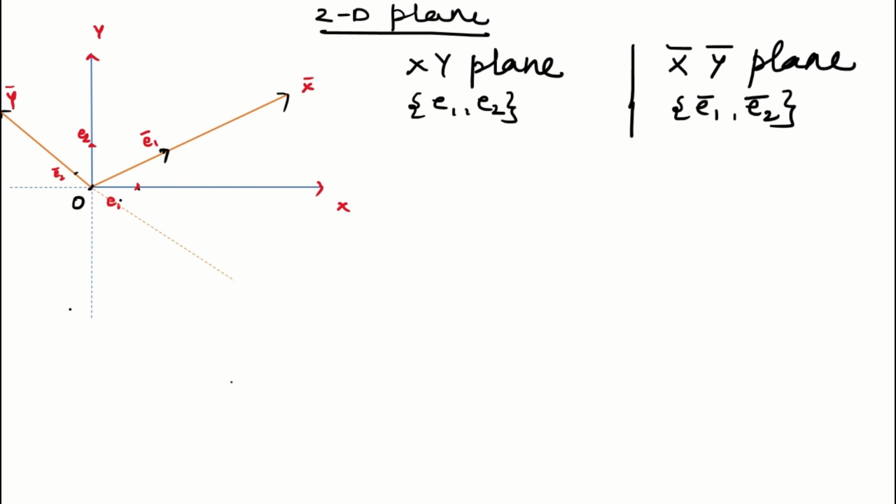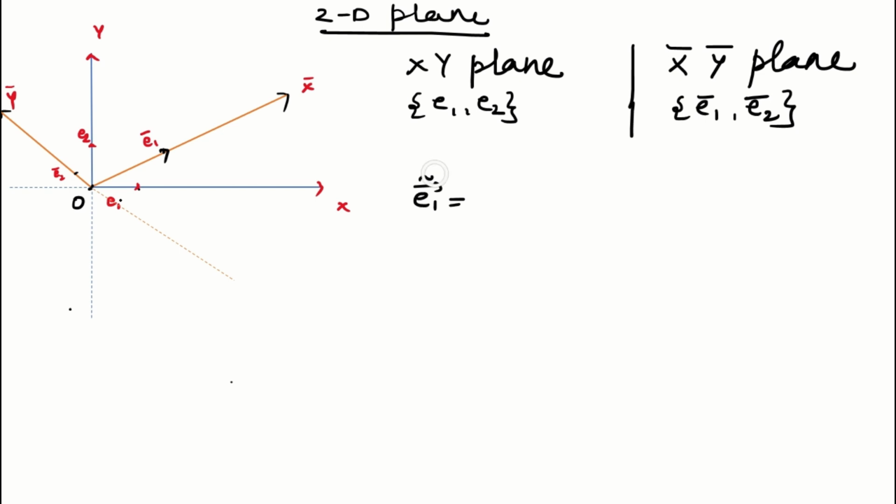Okay, and we are in the xy plane. So this E1 bar is a vector, right? So I can write E1 bar in terms of E1 and E2, because in the xy plane we have two basis vectors. So if you are considering any arbitrary vector, you can write that vector in terms of E1 and E2. Okay, so let's write E1 bar in terms of E1 and E2.